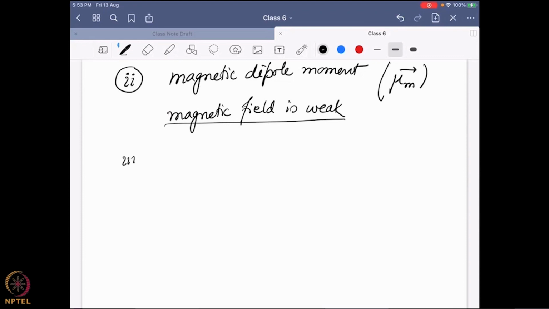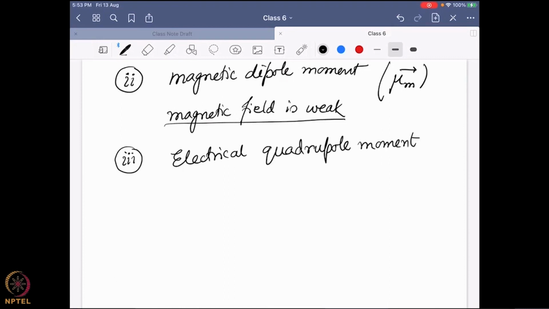And the third one is known as an electrical quadrupole moment. So what is an electrical quadrupole? It is generally given as Q. An electrical quadrupole is where, instead of two poles, you can create even four poles.